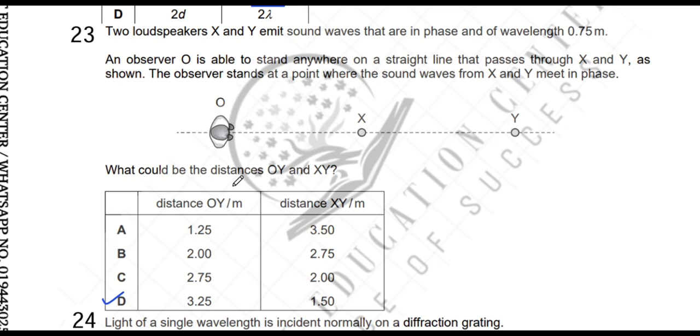Number 23: what would be the distance OY and XY for the person who can stand anywhere within this line, and the waves from X and Y are in phase, and the wavelength is 0.75.